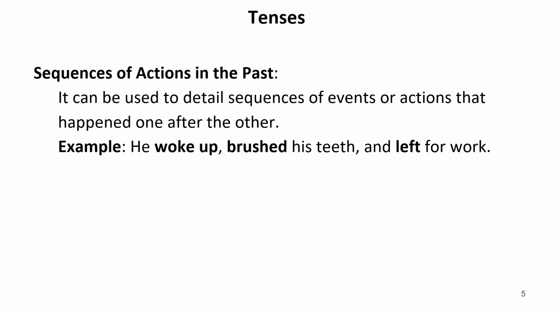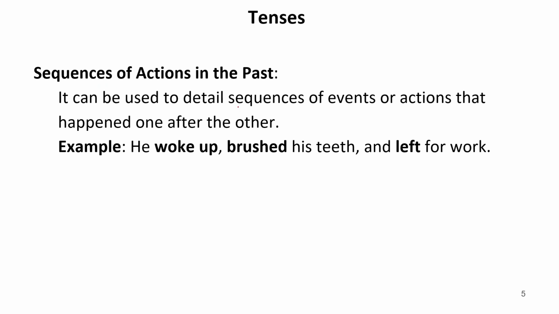Now, if there is a sequence of events or actions that took place one after the other, which shows a routine, those actions should also be written in past indefinite tense.